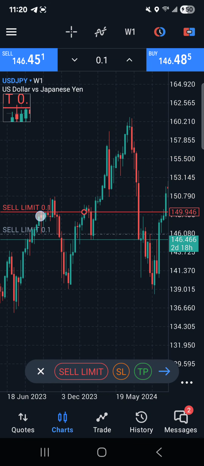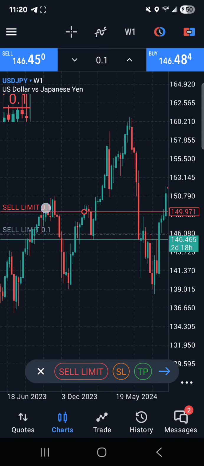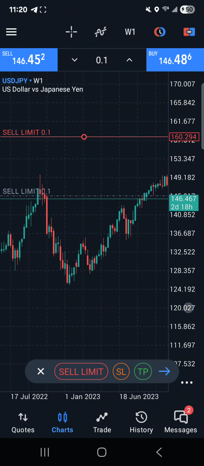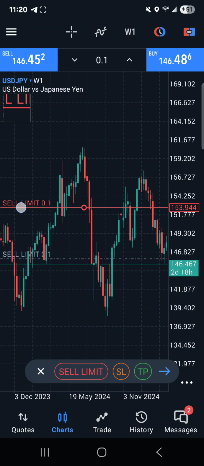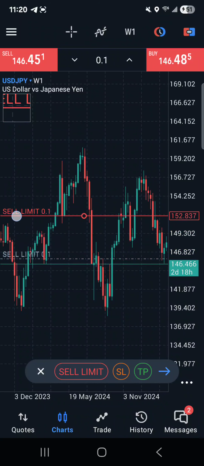So the latest lower high that swept the liquidity, that swept all these highs, that latest low for me is this area and this area.